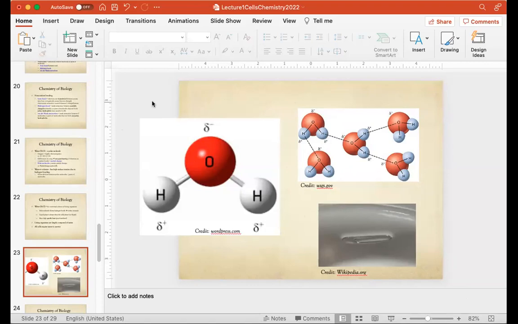So that means hydrogen bonds form between polar molecules. Van der Waals interactions form when there are no partial charges. Van der Waals interactions form between non-polar molecules.